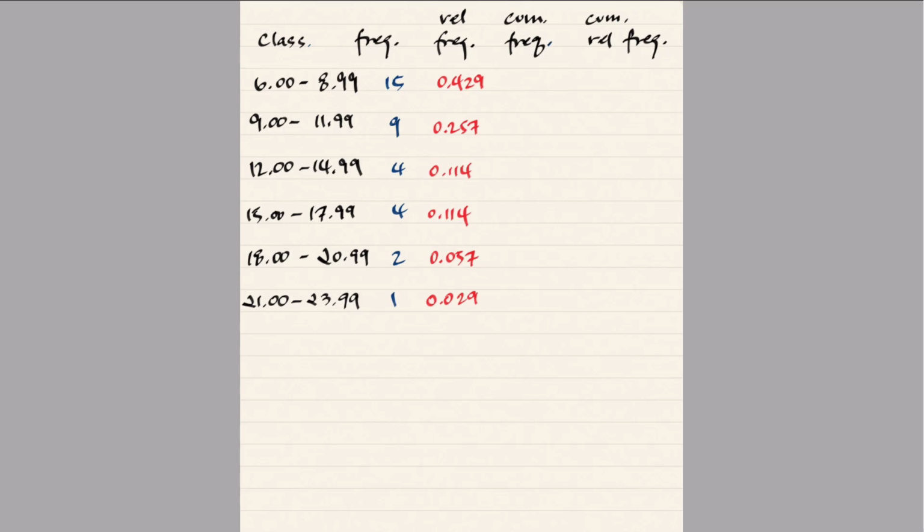When you do a cumulative frequency distribution, you're just taking a running tally, if you will, of what's been in the previous classes. So for the raw frequencies, the first class of the cumulative frequency distribution has nothing that comes before it, so it's just 15.